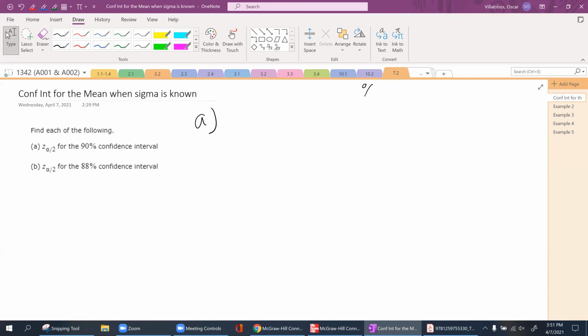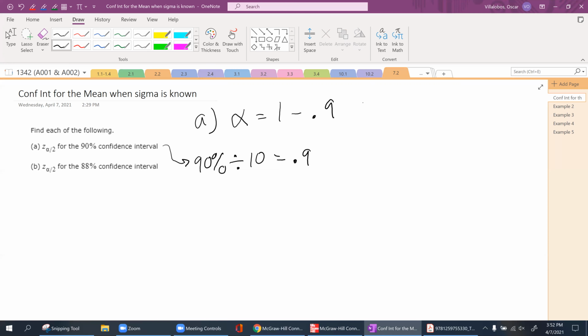The first thing we want to do is turn this into a decimal, since we don't like dealing with percentages. I divide by 100, and this gives me 0.9. To find my alpha, it's one whole piece, or 100%, minus that decimal, so 1 minus 0.9.